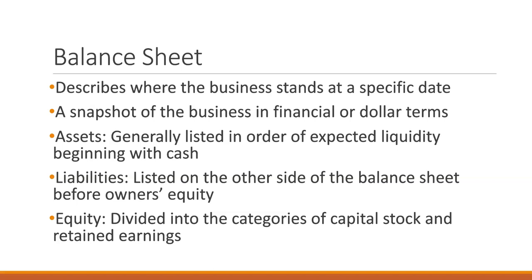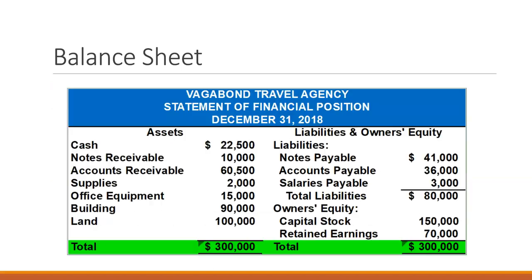It is the accounting equation. It lists our assets, liabilities, and equity. And for our balance sheet to be in balance, assets have to equal liabilities plus equity. The financial statement is a representation of our accounting equation.